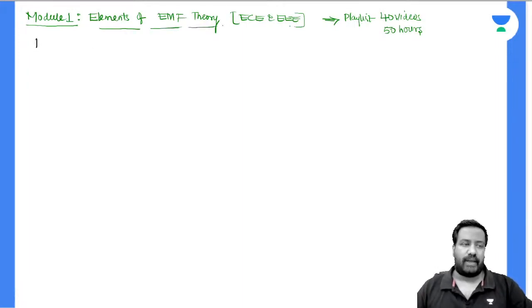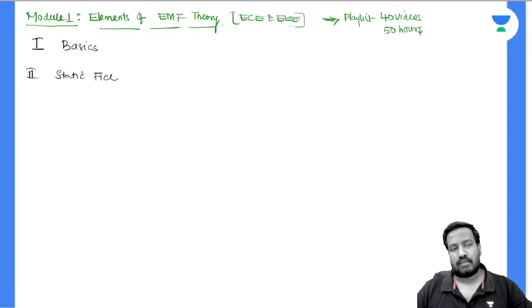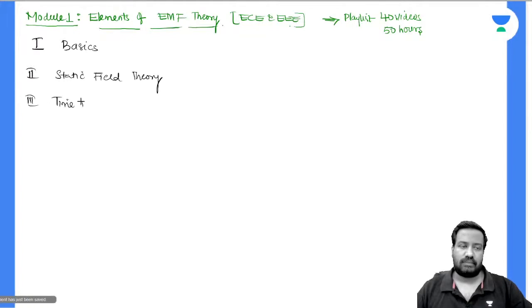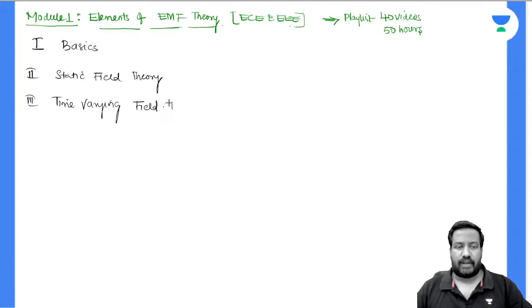Module 1 we have divided into 3 parts: basics, static field theory, and time varying field theory.